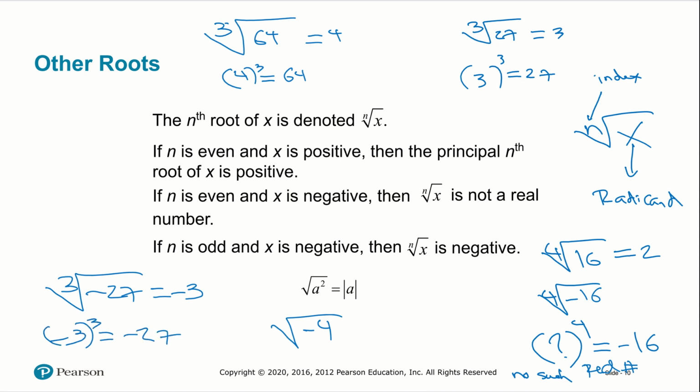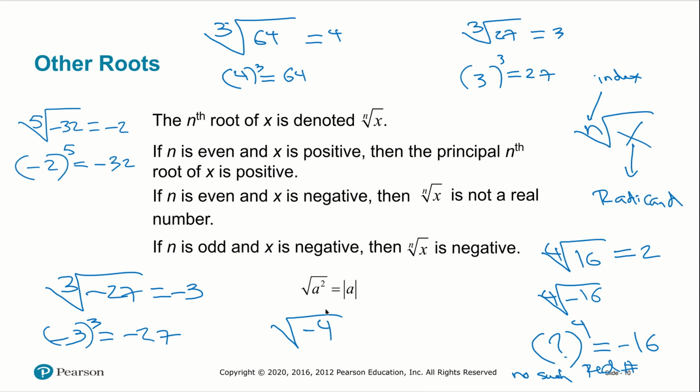That's negative 27. Same goes, for example, with the 5th root of negative 32. That's just going to be negative 2. Why? Because if you take negative 2 and raise it to the power of 5, you get negative 32.